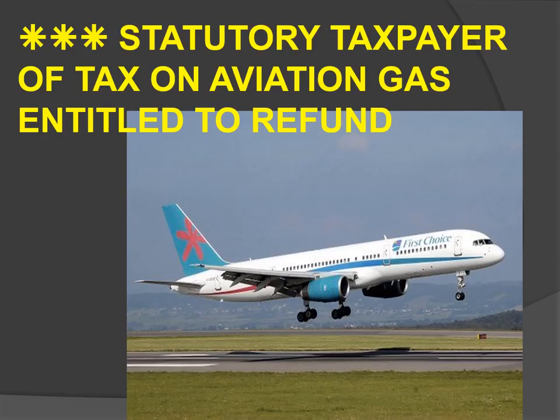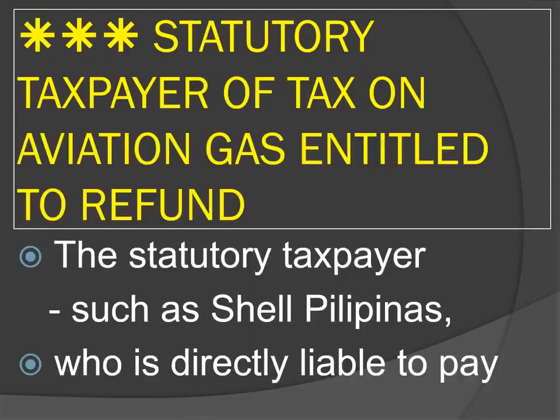The holding in the cases of Shell and Chevron is that the statutory taxpayer of the tax on aviation gas is entitled to a refund. And who is the statutory taxpayer here? Shell and Chevron, who are similarly situated as Petron.